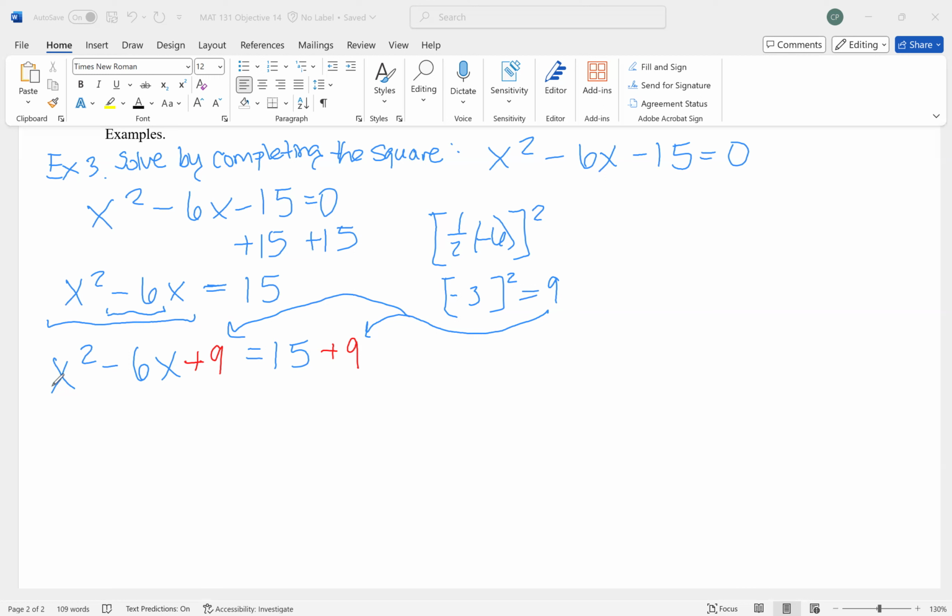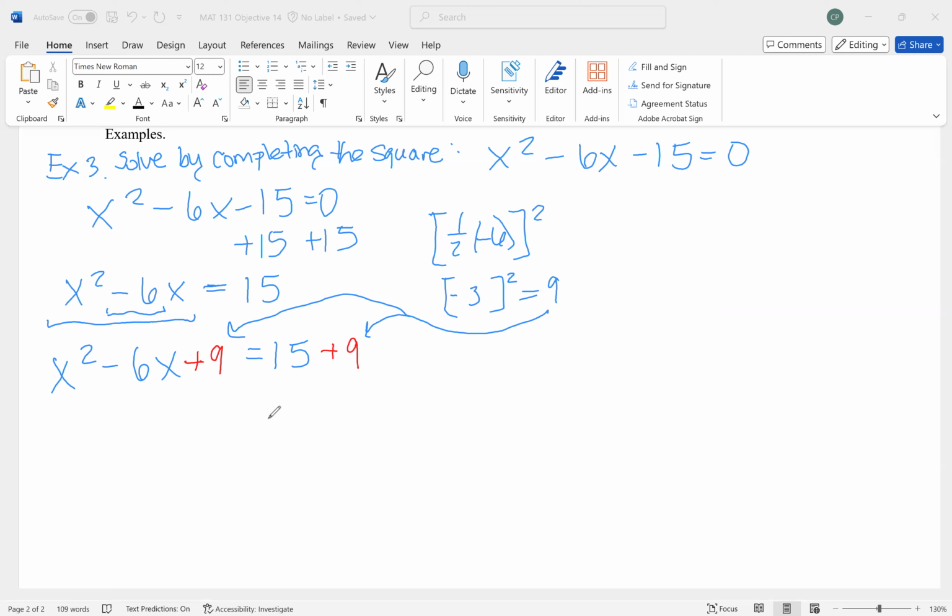Please do not complete the square on the left side and not add it on the right side. We don't want to do that. We're going to have to add it on both sides. Remember, this is an equation, and the only way we can keep that equal sign true is whatever we do to one side, we have to do to the other side, okay? So we're going to add that 9 to both sides, okay?